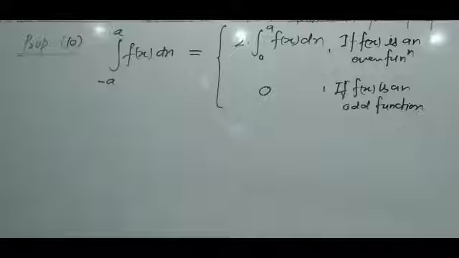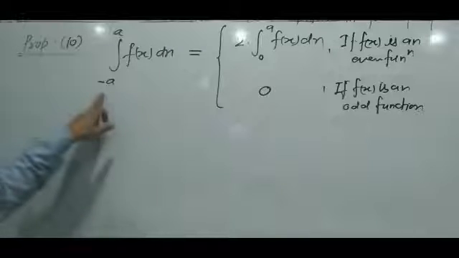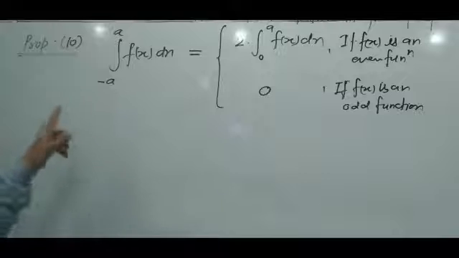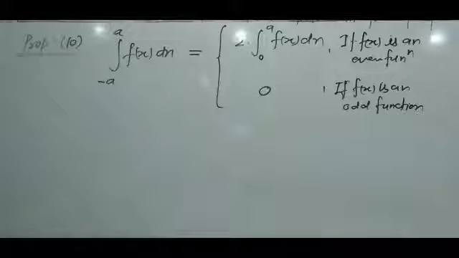So we can also prove this property by using splitting. Minus a to a means 0 is a number lying between minus a and a, and we can split it into two integrals: integration over minus a to 0 of f of x dx plus 0 to a of f of x dx.